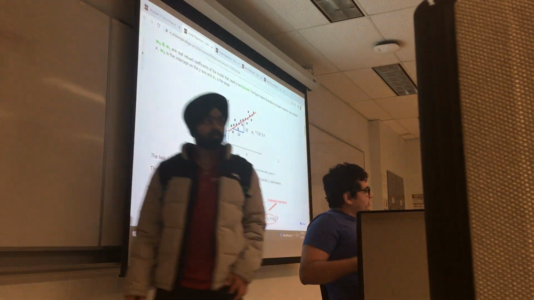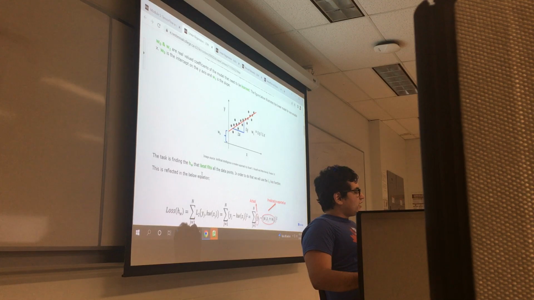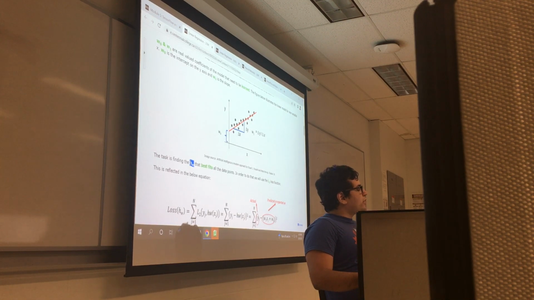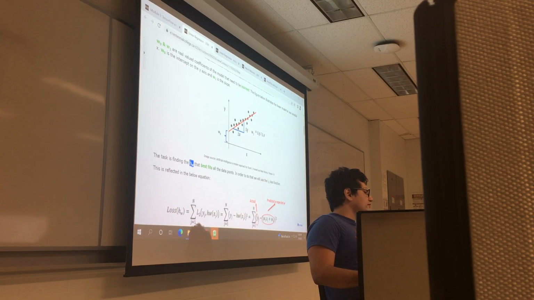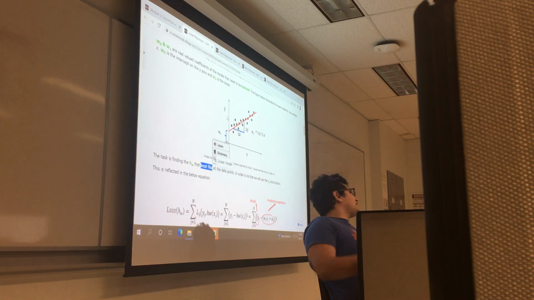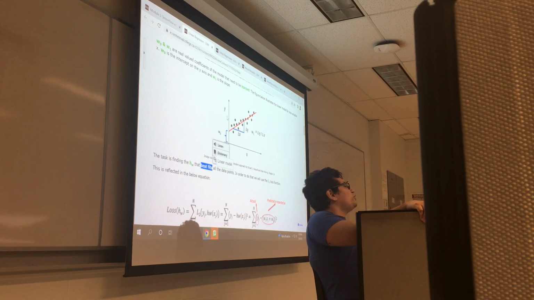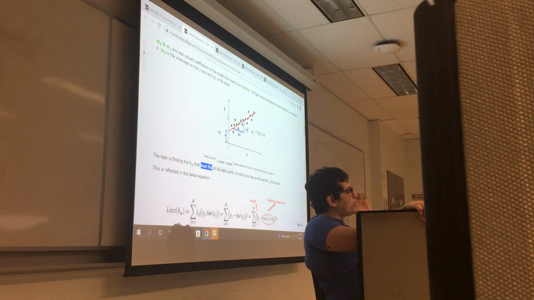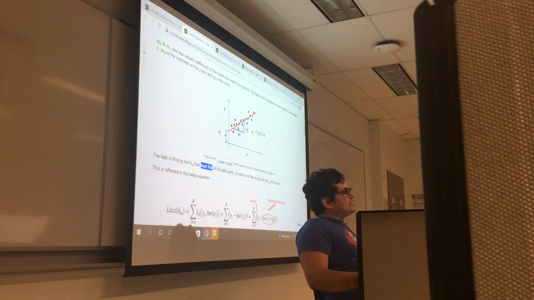So how does it figure out? We need to find a hypothesis w that best fits the data points. Like we just said, we don't know which angle and which position that line should be. So we are trying to find that combination that fits this data with the minimal error possible, okay?